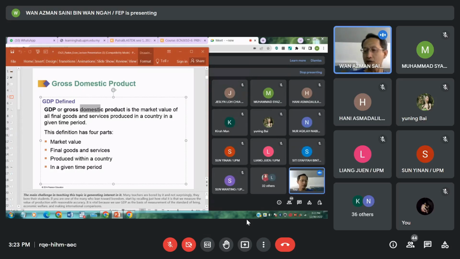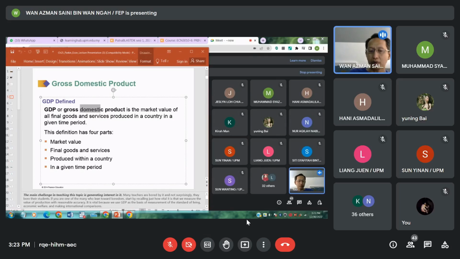So if you include both the value of wood and the value of the sofa, then there will be double counting because the value of wood is included in the value of the sofa. So remember this, only final goods are included.